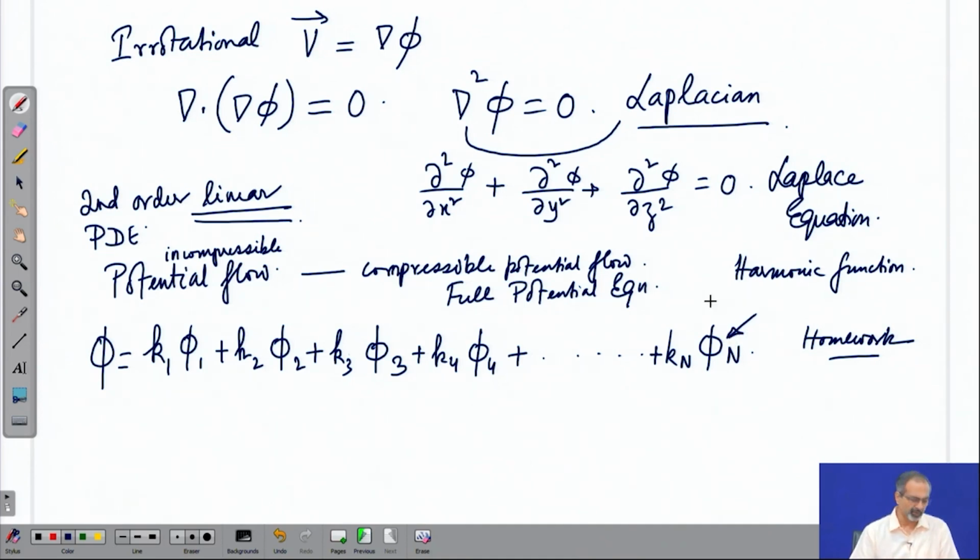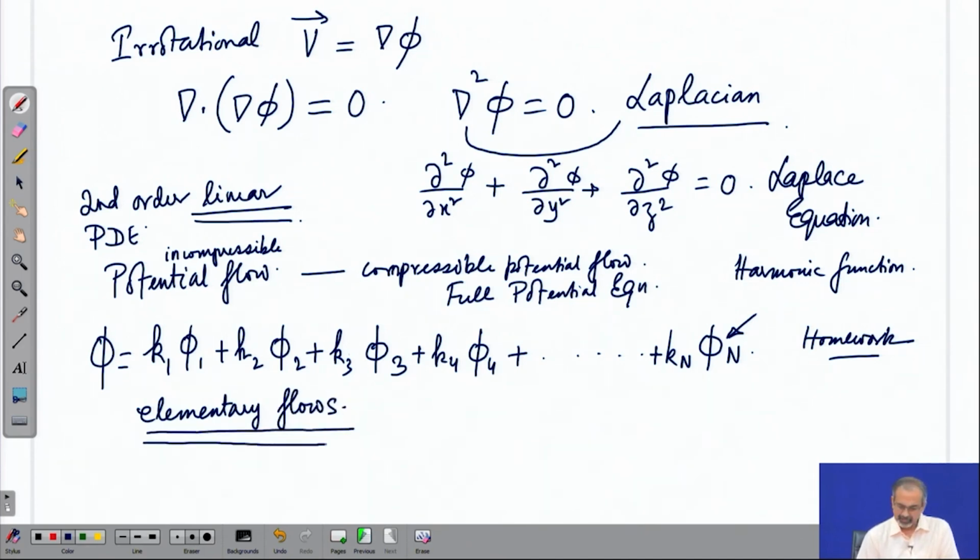So, this is a kind of a superposition property, which is very important, because when we look at incompressible flow fields in irrotational sense, then we can superpose some of these so called elementary flows and ultimately deal with more complex flow fields. We will see in due course how this basically works out.